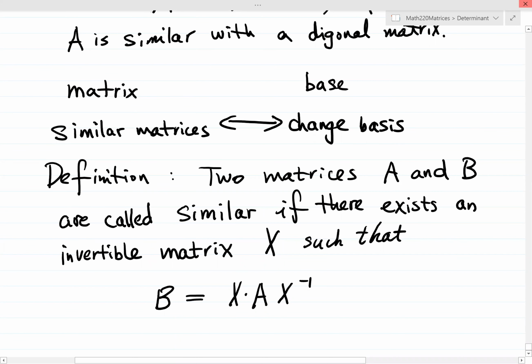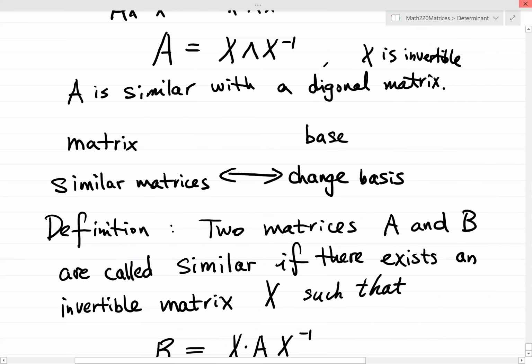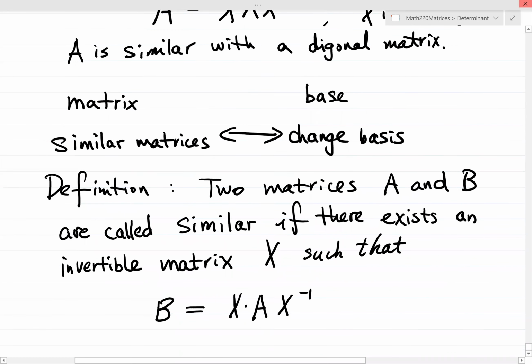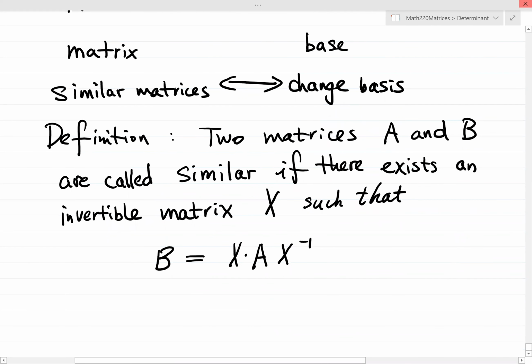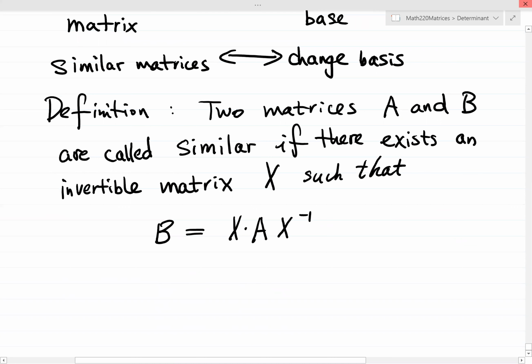Now you can check that being similar matrices is actually an equivalence relation. If A is similar to B, then B is similar to A, so it's symmetric. It's transitive: if A is similar to B and B is similar to C, then A is similar to C. And A is similar to A. So this relation is an equivalence relation.